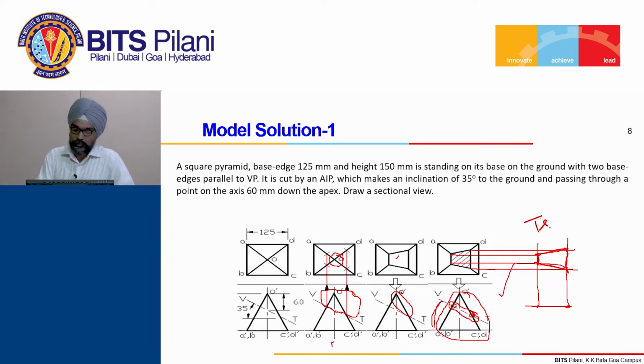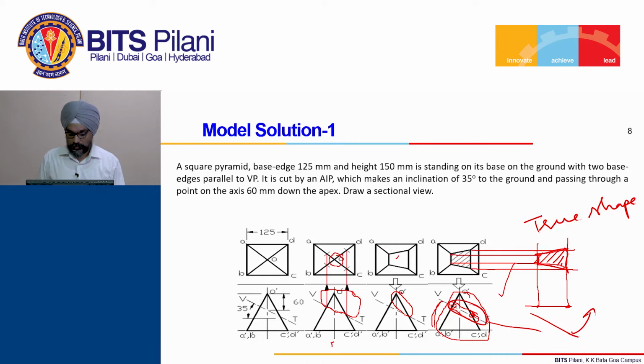This is the true shape of the section, and again we need to hatch it. So this is the concept about how the true shape is obtained. Simply, this portion has been copied here and made horizontal. So this is one type of problem.